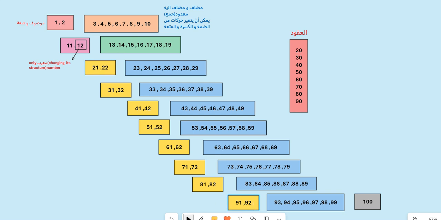So basically, in Arabic, the starting two numbers have a set of rules that follow. From 21 and 22, the rules remain the same up to 91 and 92. And the rules from 23 to 29 and 93 to 99 are the same.